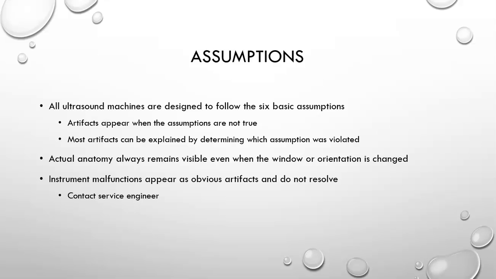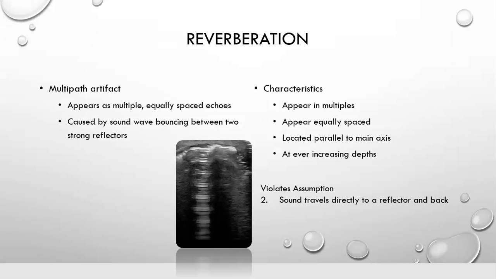Let's talk about the first and most common artifact that we run into, and this is reverberation. Reverberation is a type of multipath artifact, in that you will get multiple equally spaced echoes from sound that's bouncing between two strong reflectors. The characteristics are that you get multiples of this artifact.